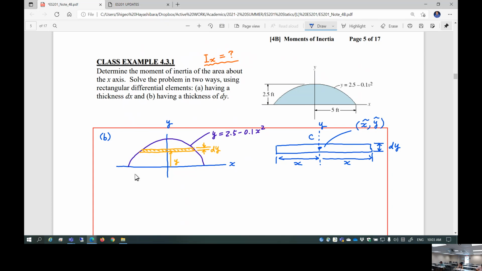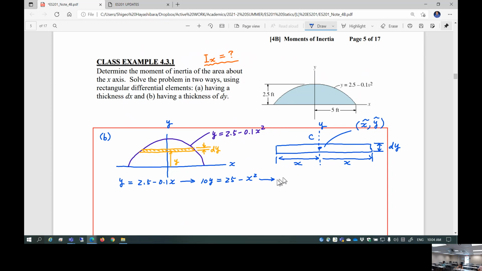So important information here is, since you're given y equal to 2.5 minus 0.1x squared, I'm going to basically multiply by 10, so you have 10y is equal to 25 minus x squared, sorry, yeah, x squared, sorry about that.